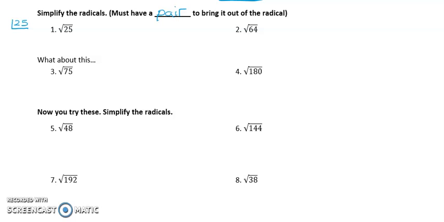Okay, so I'm going to say what prime number goes into 25. So a prime number would be 5. Okay, so if we need to think through our prime numbers, that's 1, 2, 3, 5, 7, 11, 13.